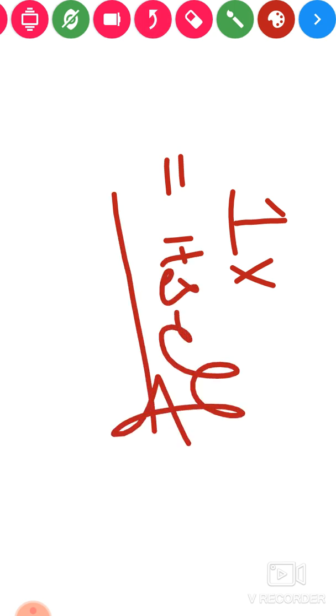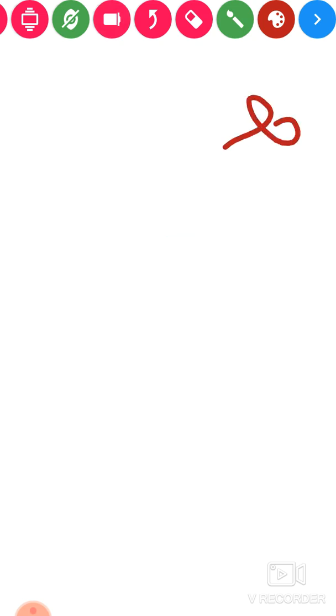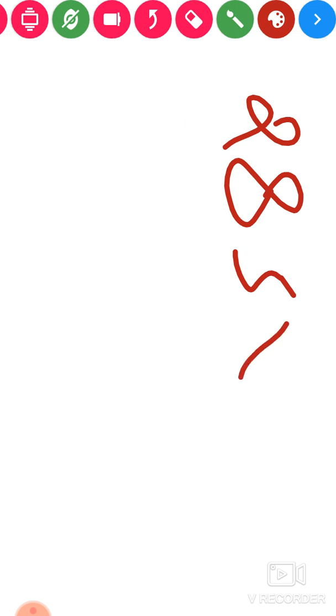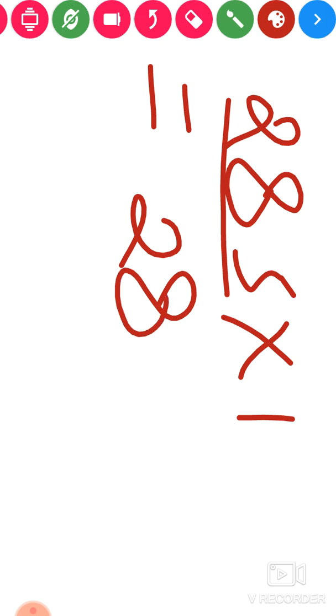That means 285 multiplied by 1 will give 285. Multiplying a number with 1 will give the answer as the number itself.